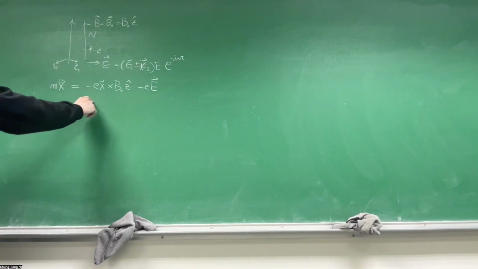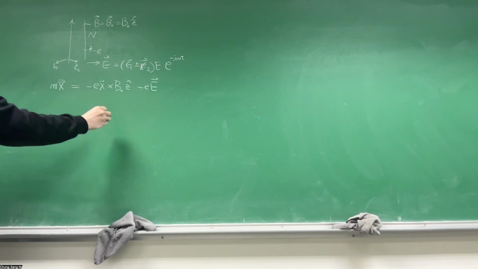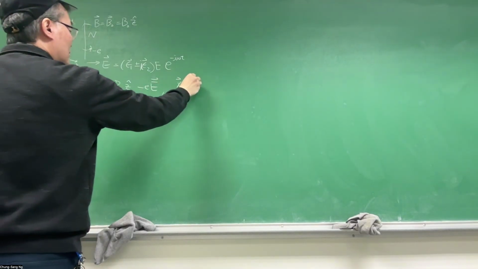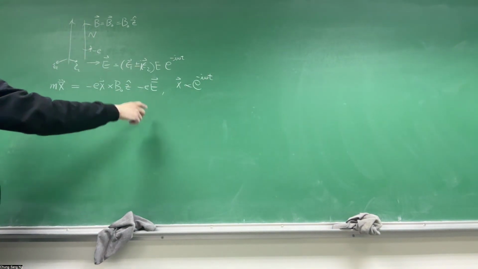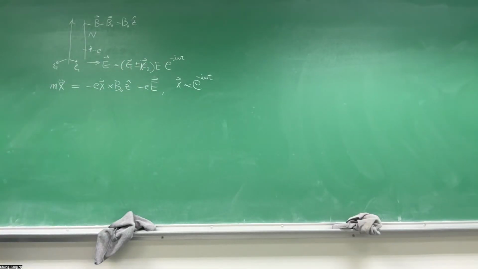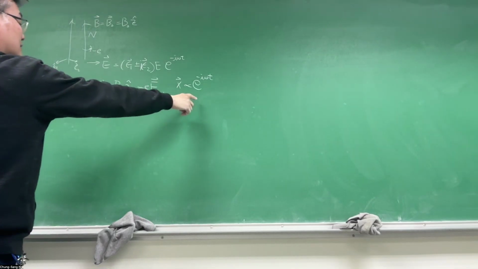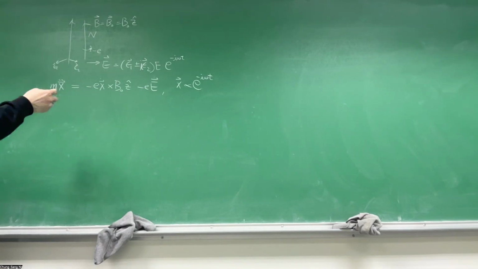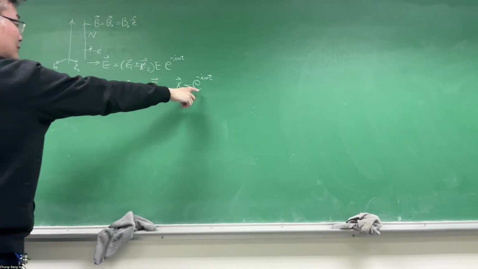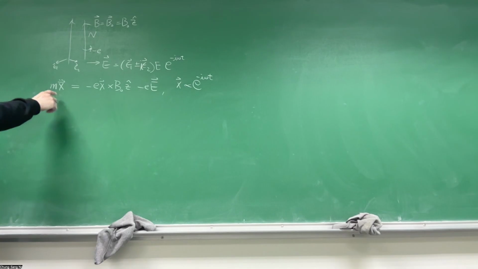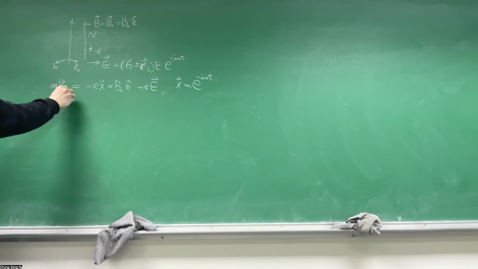Now for the solution, assume x is also proportional to e to the minus i omega t. It's basically a driven system: we drive the electron with the wave electric field at the same frequency. That should be trivial, because taking a time derivative means multiplying by minus i omega, so this pulls out the minus omega squared times x.